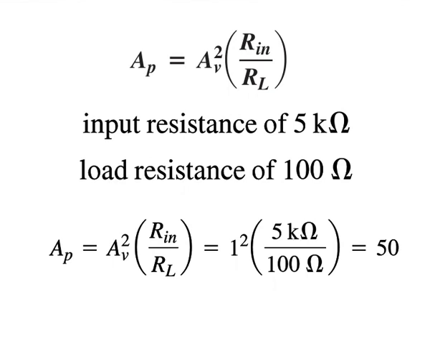Since a common collector amplifier has a voltage gain of approximately 1, substituting the values in the equation, the power gain comes out to be 1 squared times 5 kilo ohms over 100 ohms, which is equal to 50. For a CC amplifier, AP is just the ratio of the input resistance to the output load resistance.